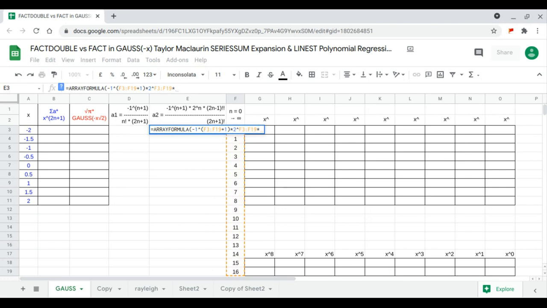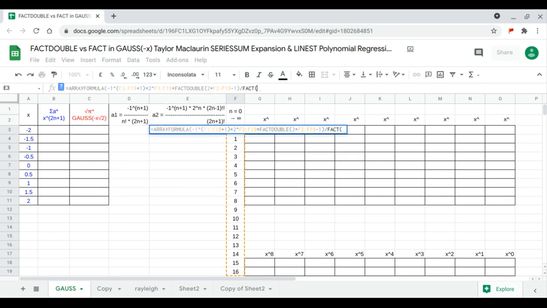And then finally, third part, that is double factorial 2n. So double factorial of 2 times n minus 1 all over. This one is factorial 2n plus 1.